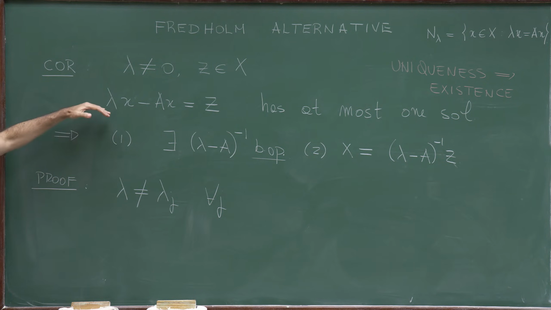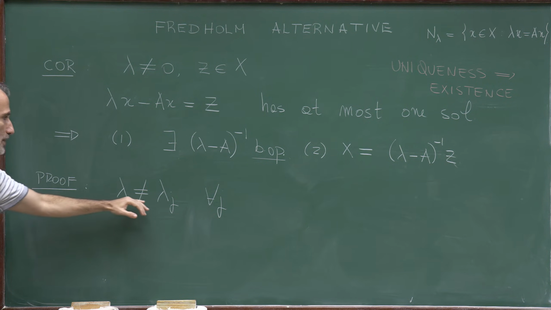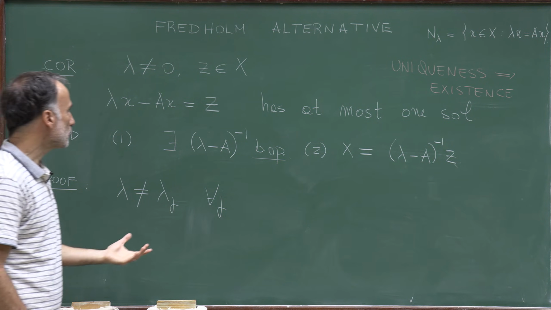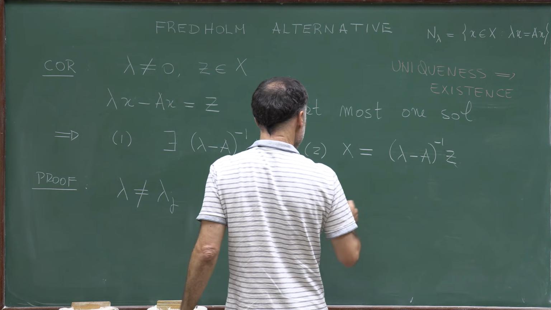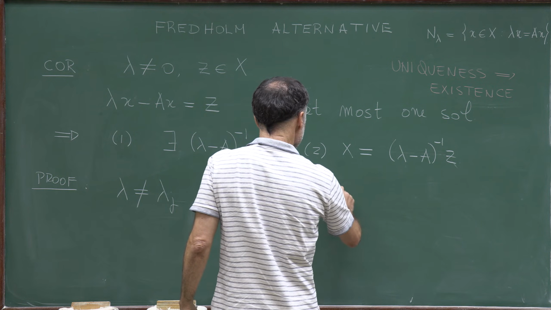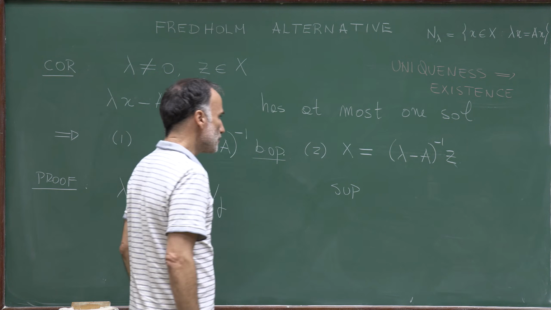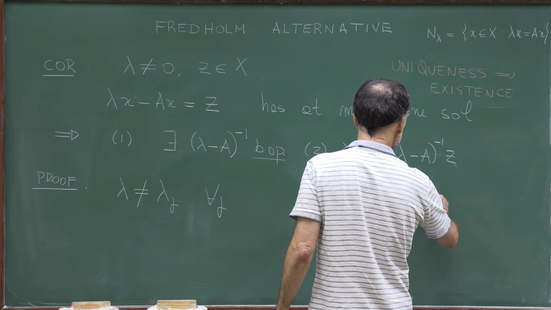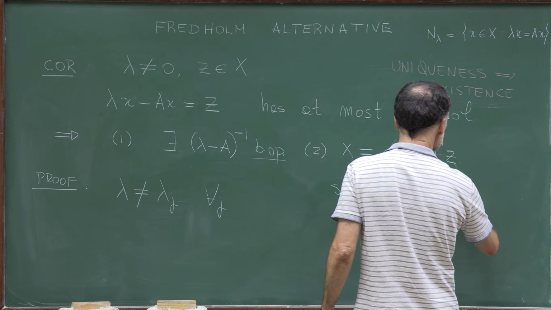Right? What I'm saying is that if you have uniqueness, then λ has to be different from λ_j for all j. And what I will do is I will proceed by contradiction. Suppose by contradiction that λ is equal to λ_j for some j.